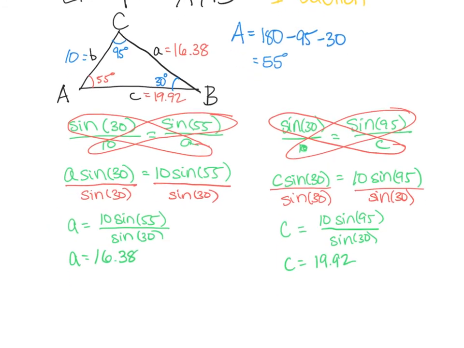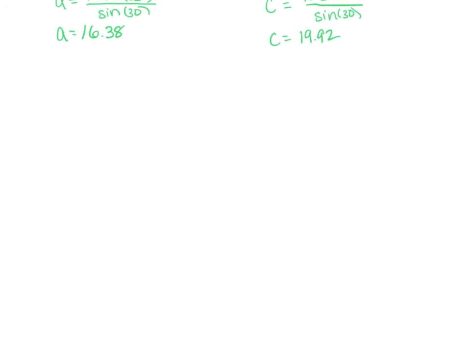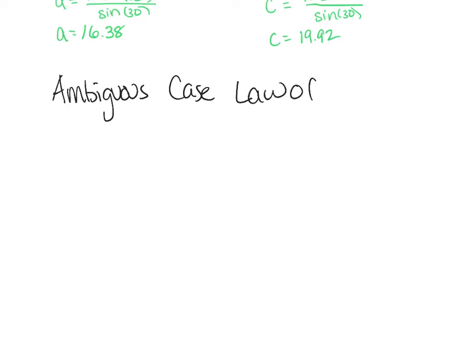I'm going to move this up. Ambiguous case for law of sines, side-side-angle. Now there actually happens to be 5 different scenarios that can happen.